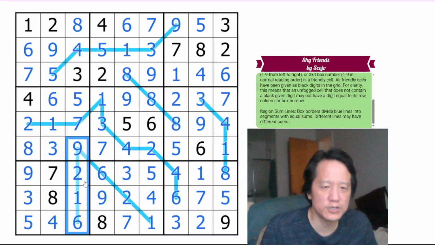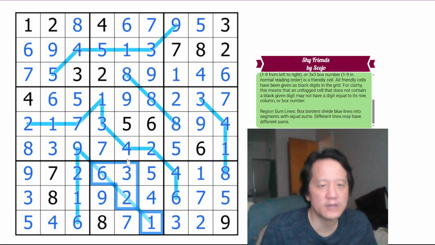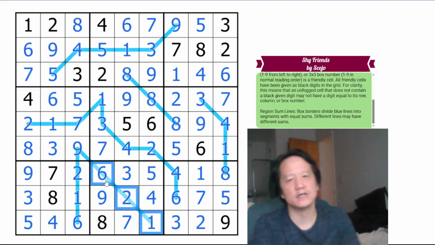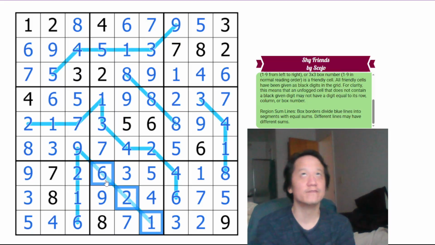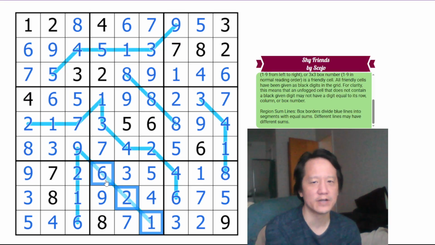Yeah, pretty interesting use of fog of war with the friendly givens and the region sum line. You'll occasionally run into the friendly cells. The given thing with fog of war, you'll see it, but it's not very common at all.